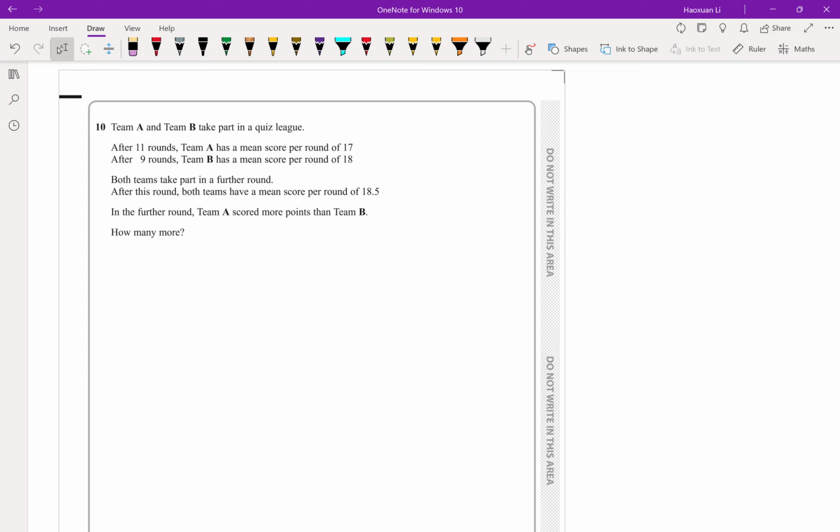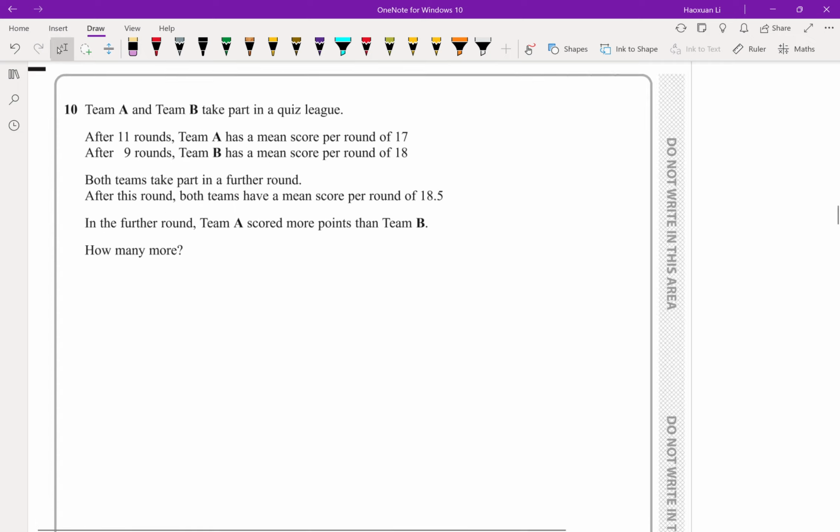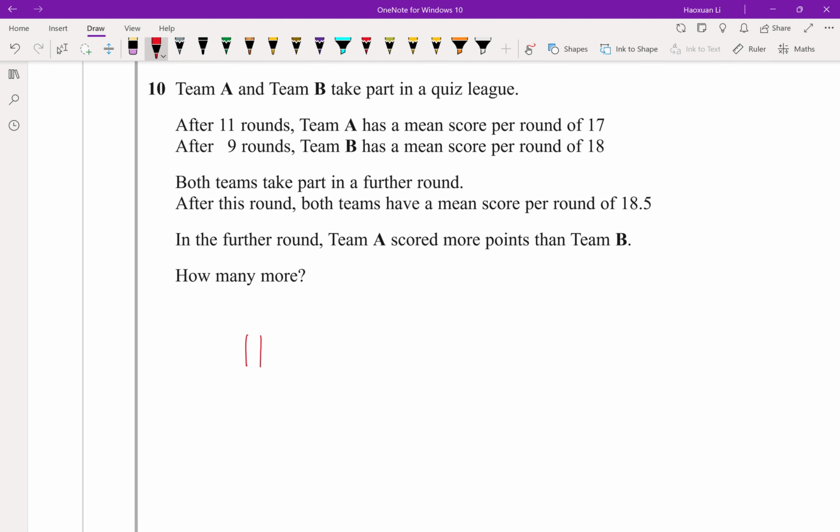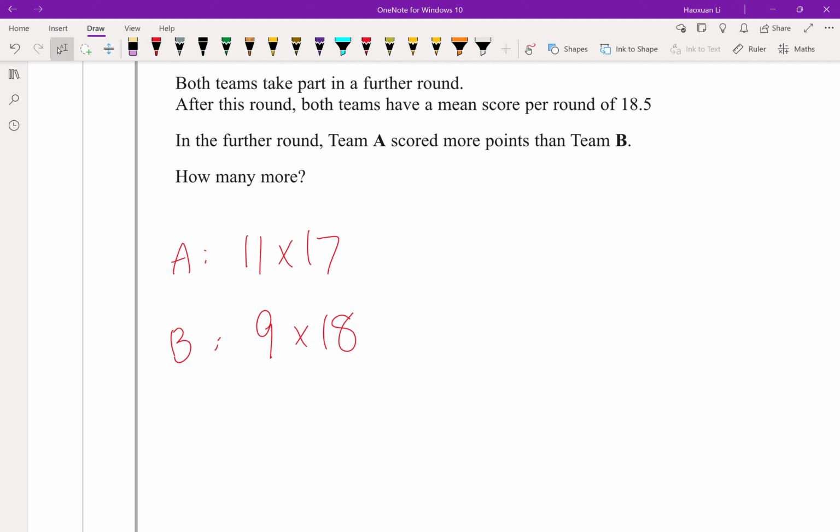In the further round, Team A scored more points than Team B. How many more? So, let's just say that Team A first has this many points, Team B first has this many points, and now they take part in the further round, so plus A plus B, and their mean score is 18.5.